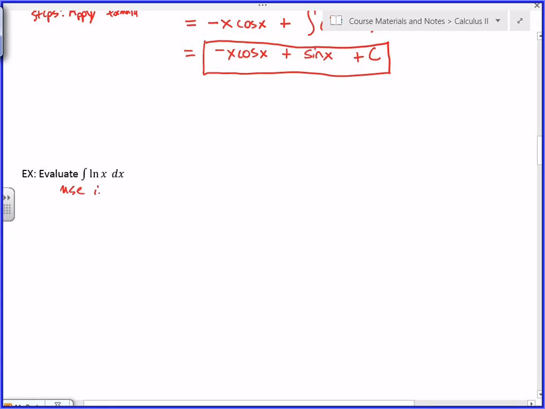So, let's try this. Use integration by parts. So I need to let u be something and dv be something. I have basically two choices here. I can either put the log in the u or I can put the log in the dv. What makes the most sense?